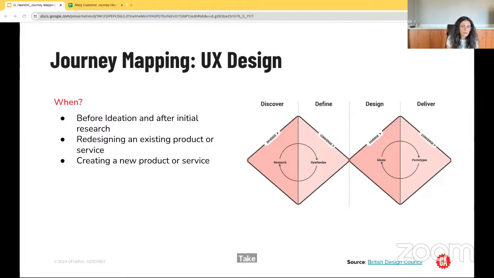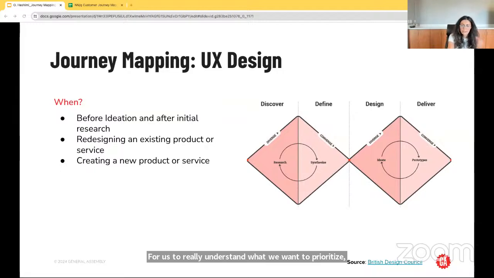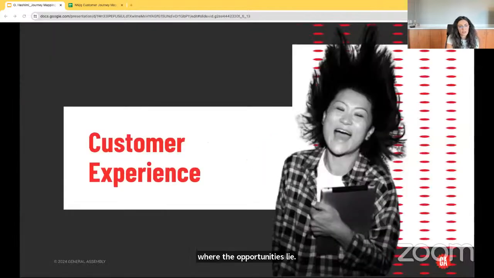So that initial phase of discovery is crucial for us to really understand what we want to prioritize, where the opportunities lie. And this is where journey mapping falls under.